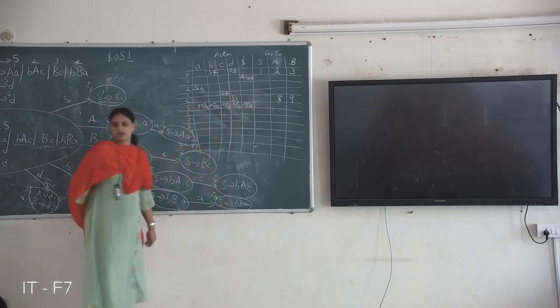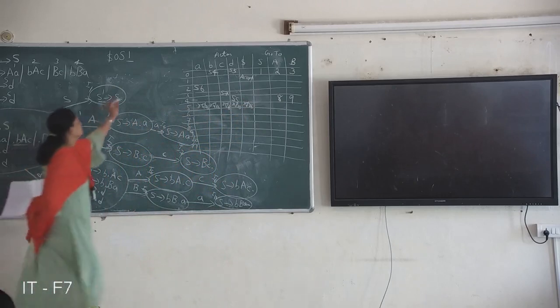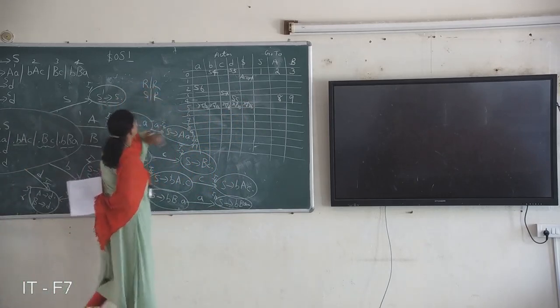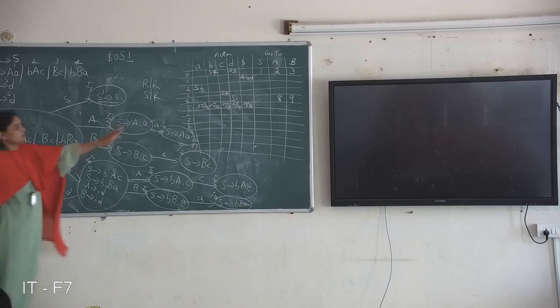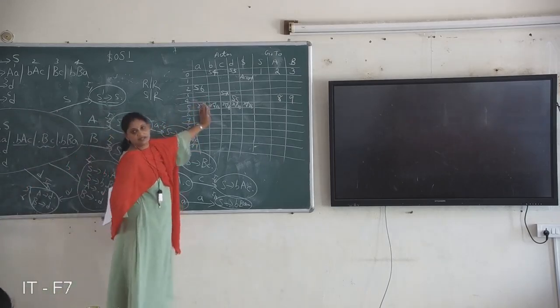Actually 2 kinds of conflicts can occur in a parser table, that is the RR conflict or the SR conflict. So here we got a reduce conflict. Why? Because there are 2 final items, so you are getting 2 reductions. Whenever you get a state with 2 final items, definitely you get a reduce conflict.